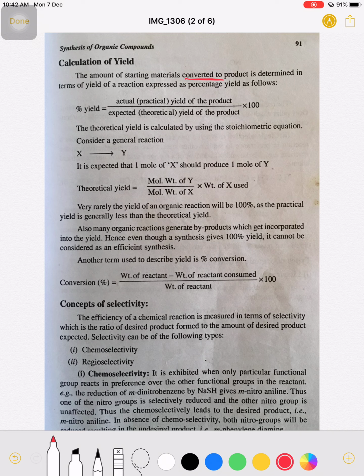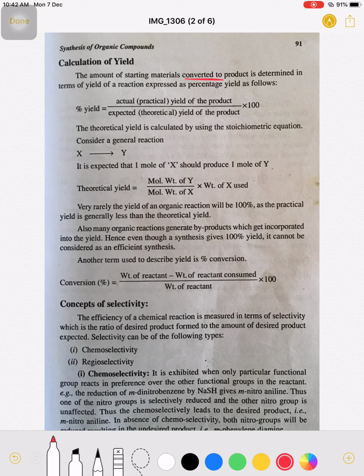So how much amount is converted from reactant to product.